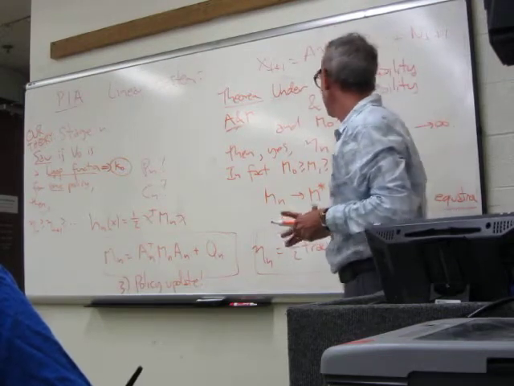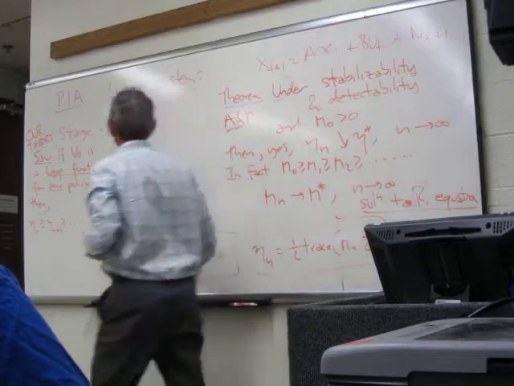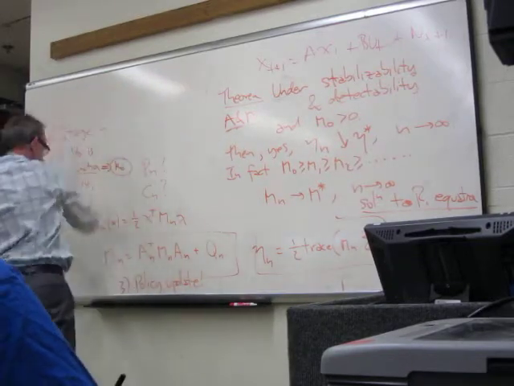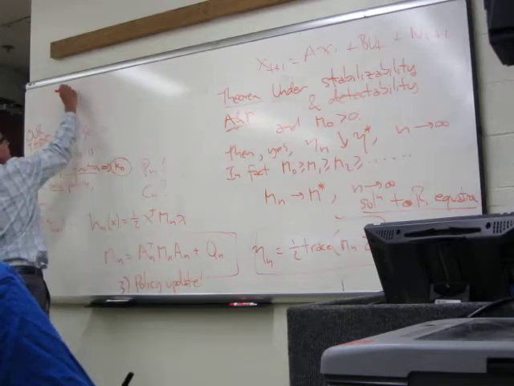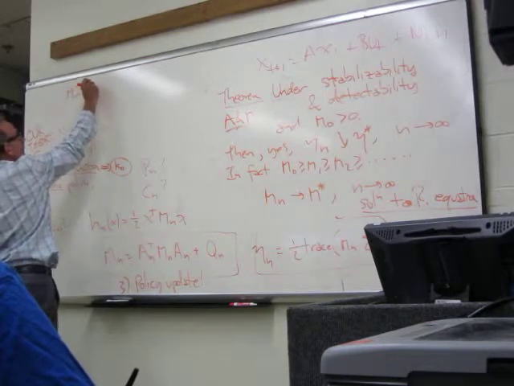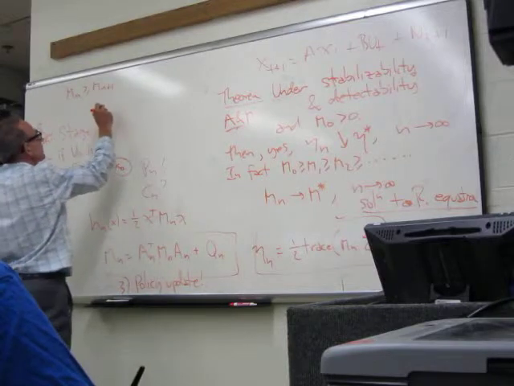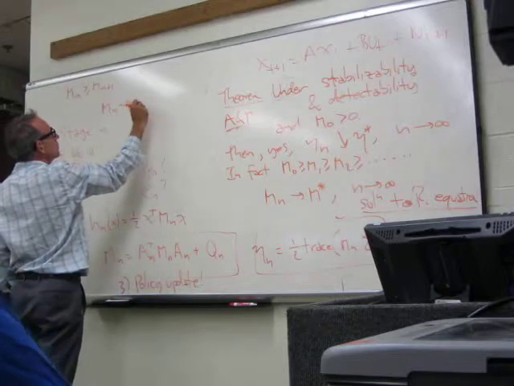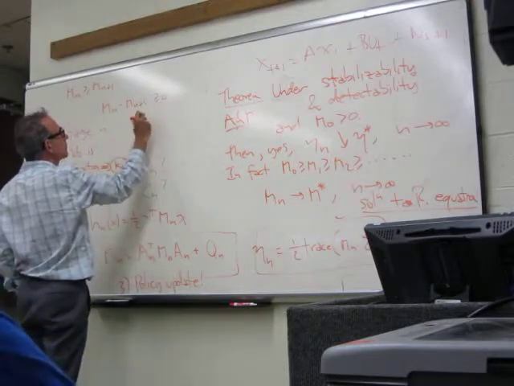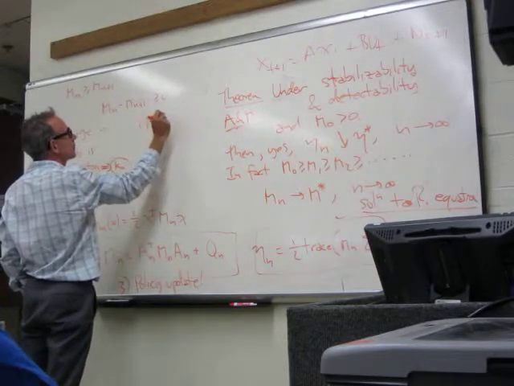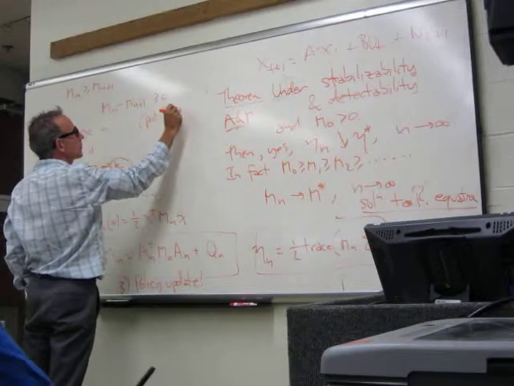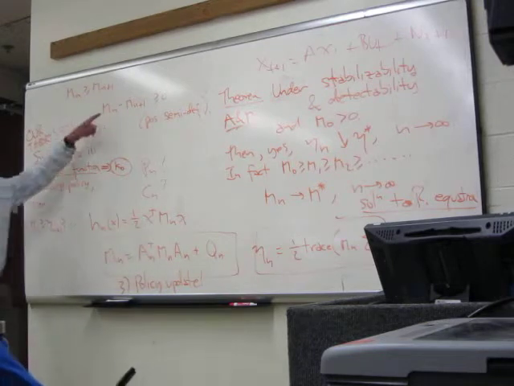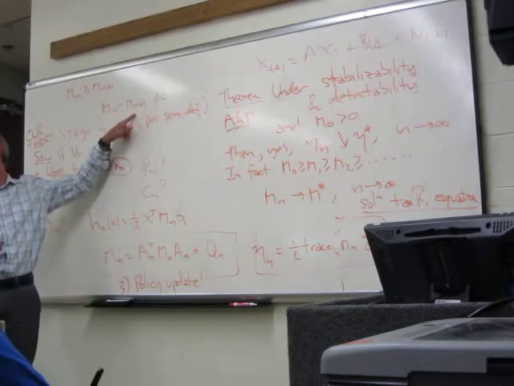And what I mean by this, I think I've used it before, but just to remind you, when I say that Mn is greater or equal to Mn plus 1, I just mean that the difference is a matrix which is positive semi-definite.